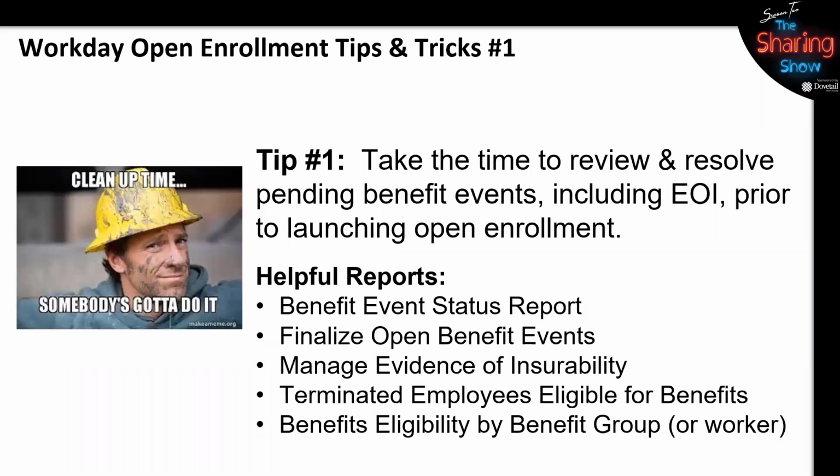Okay, Kelly, are there several reports actually, and these are just like your 5 favorites? I mean, are there any other reports you want to mention, or is this a good starting point? I think this is a good starting point, especially that first one if you're looking for any open events sitting out there before launching OE.